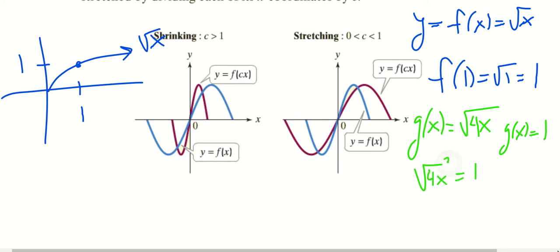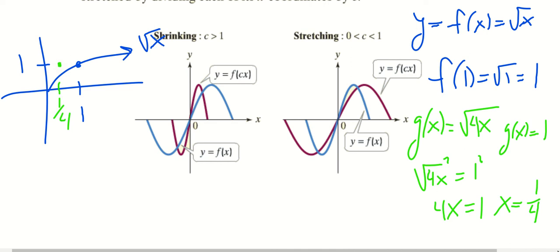We can solve this. We can square both sides. That would give us 4x equals 1. And divide both sides by 4. We would get x equals 1/4. So that same value that happens when x is equal to 1 for f would occur at 1/4 for g to get the same output.